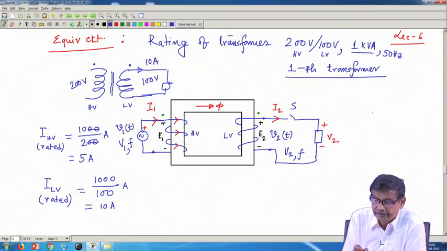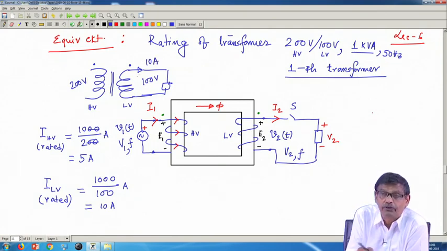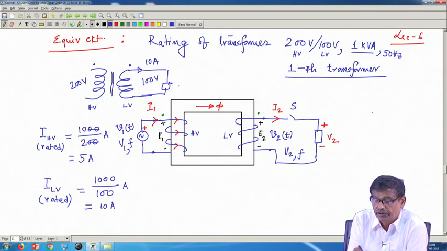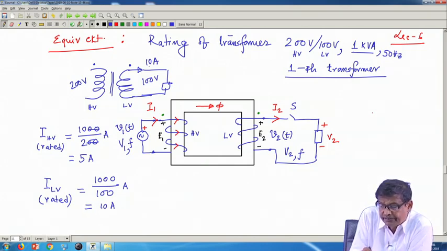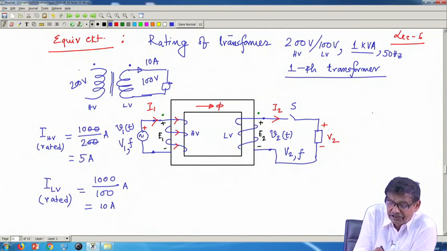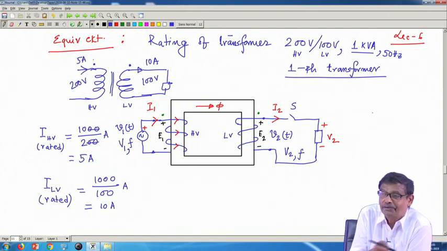Your load current must be less than or equal to 10 ampere. So any impedance that draws more, you do not connect. When it delivers this rated current I LV rated, rest assured you do not have to do anything; your primary at that time will carry 5 ampere. That is what we have learned.